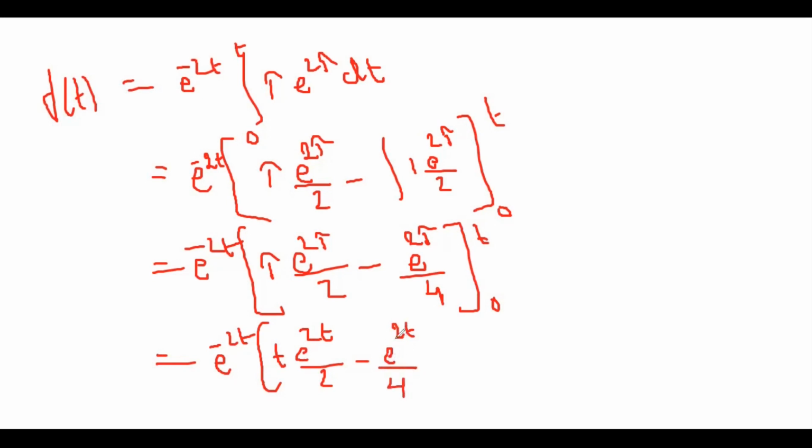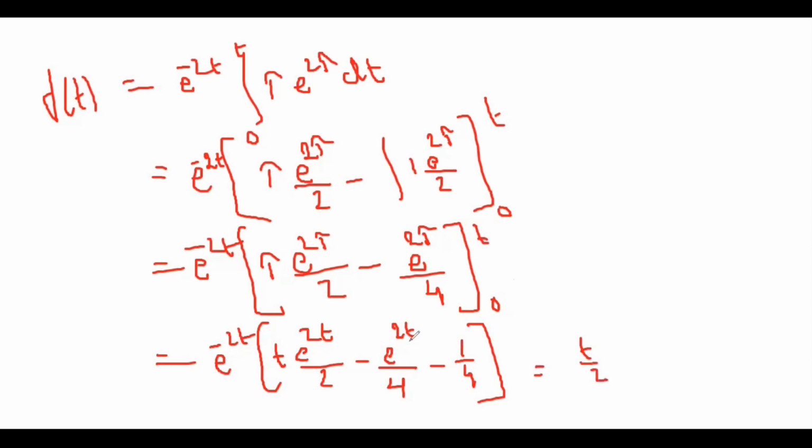Upper limit I am substituting with the two terms. And coming to the lower limit, tau is 0, so the third term is 0, and the fourth term becomes e power 0 is 1 by 4. Okay, now you can multiply this e power minus 2t inside, e power minus 2t and e power plus 2t becomes e power 0, 1, so t by 2.